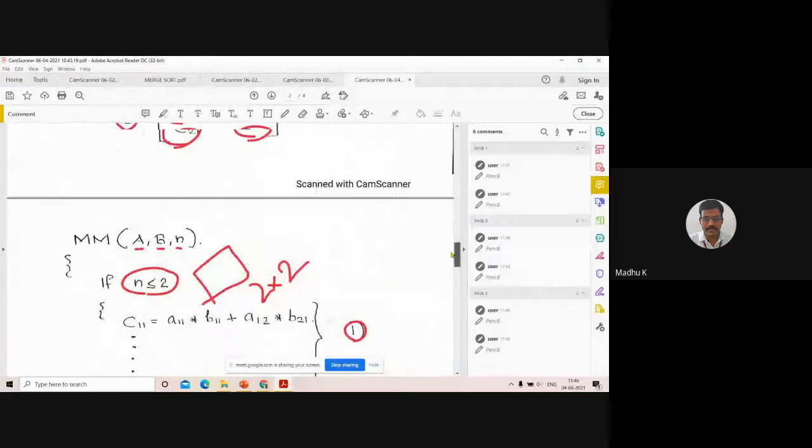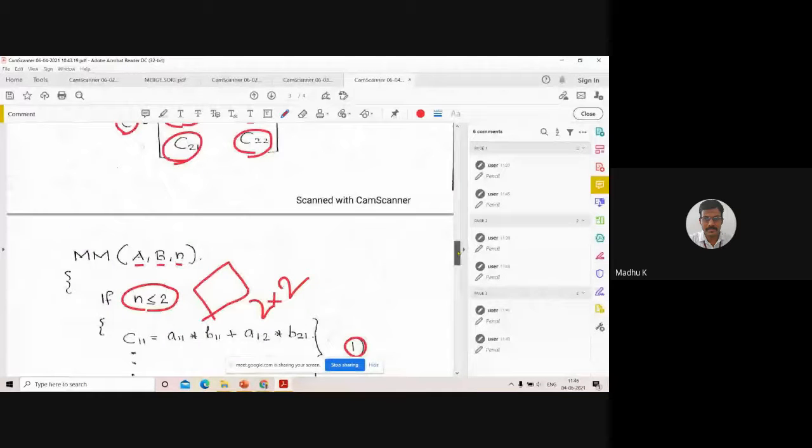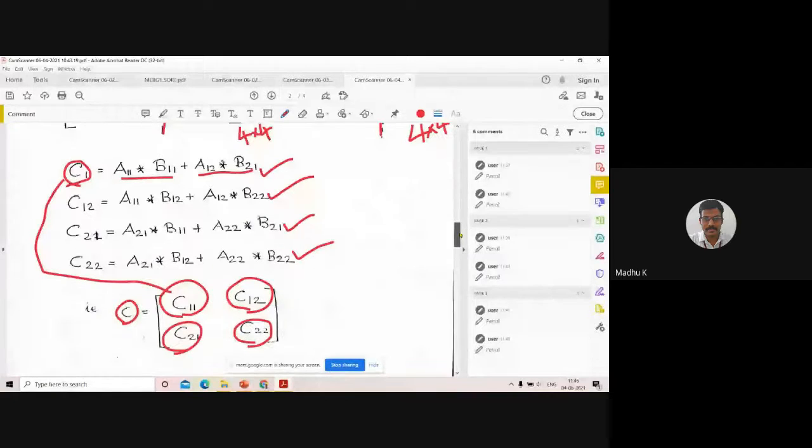That is, first we partition the matrix into A11, B11, whose order will be n by 2, then plus A12, B21, n by 2. In this way: A11 into B11 plus A12 into B21.